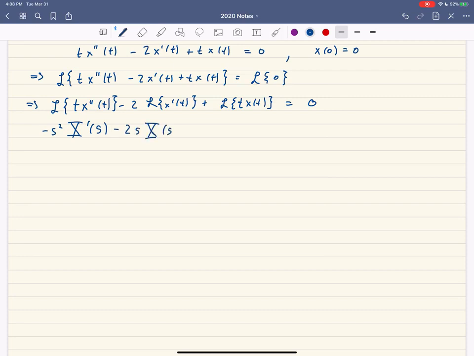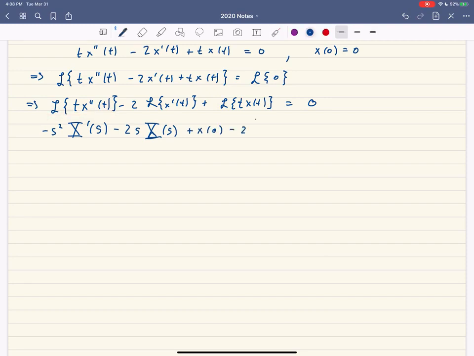I'm going to draw my capital X's with these little lines at the top and bottom, just so that we know they're capital X's, they're transforms. So we get negative s squared capital X prime minus 2s capital X of s plus little x of 0. And that was just for the Laplace transform of t times x double prime.